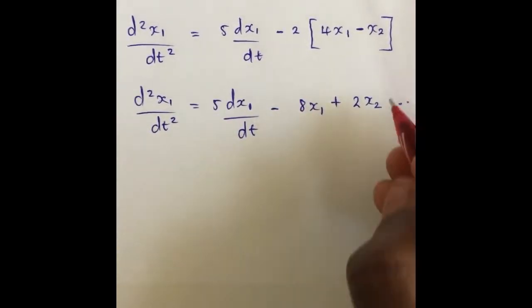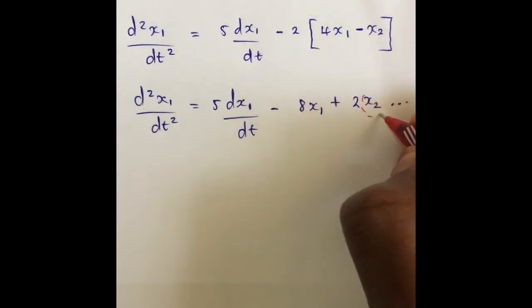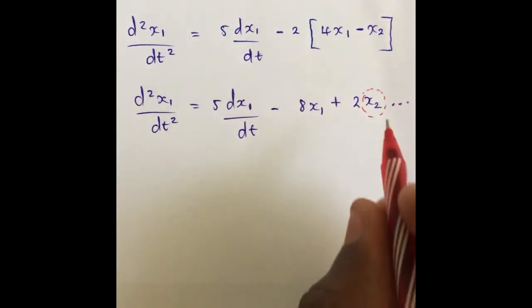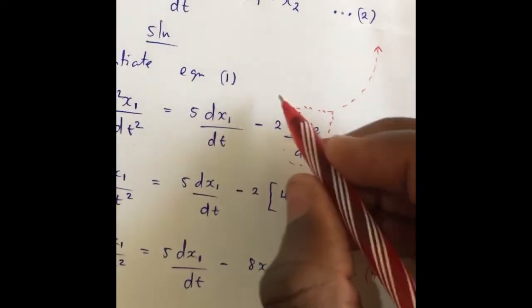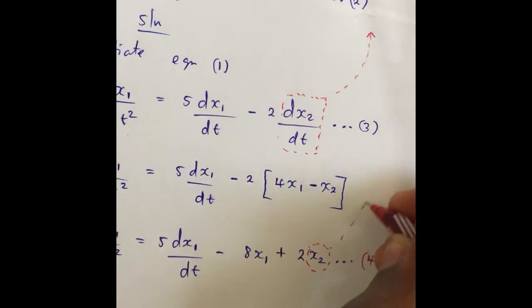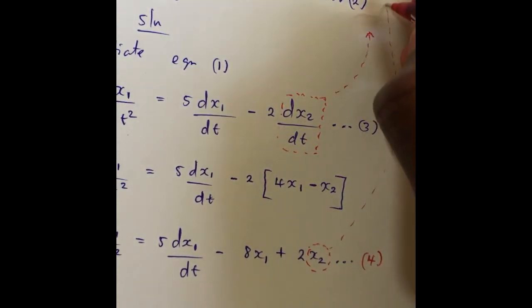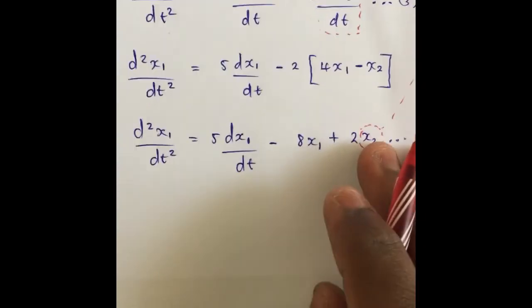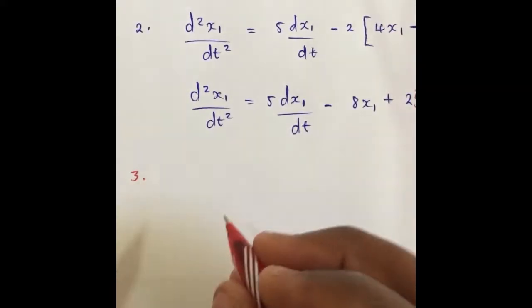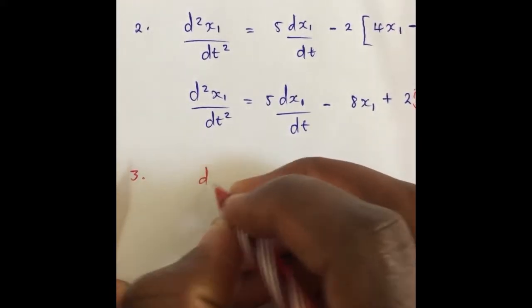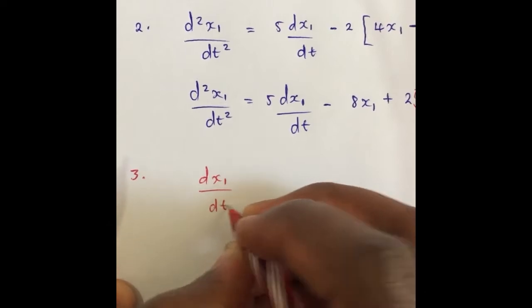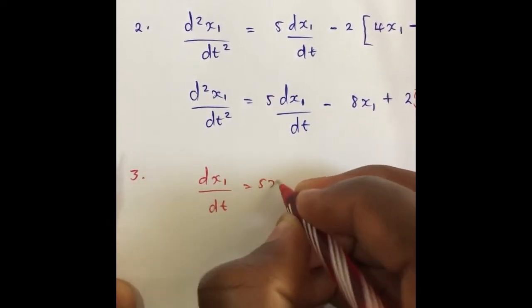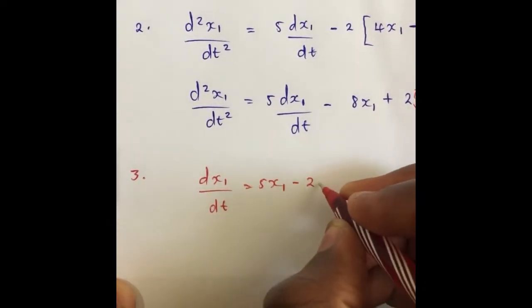What you do, you now want to take this x2 and obtain it from equation 1. How do you do that? Okay, guys, you take dx1 over dt equals 5x1 minus 2x2.